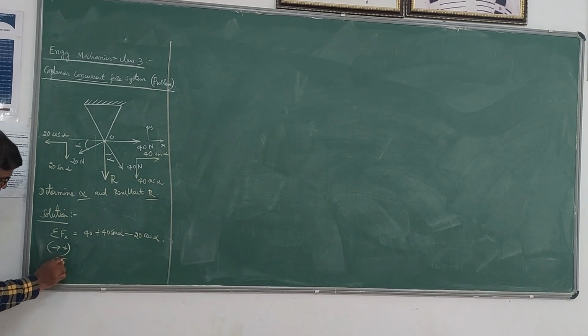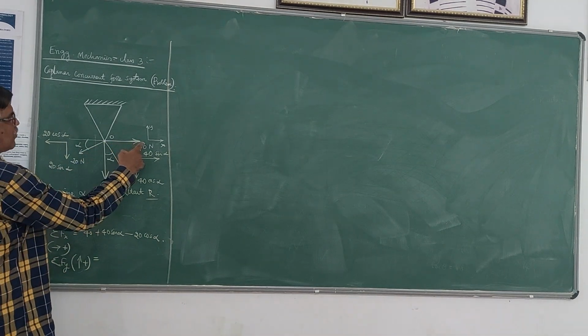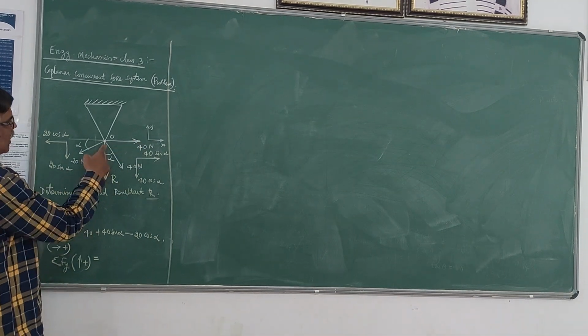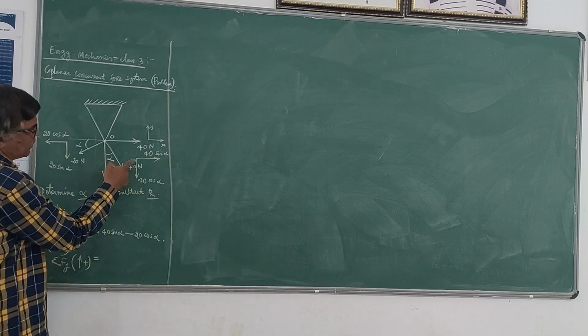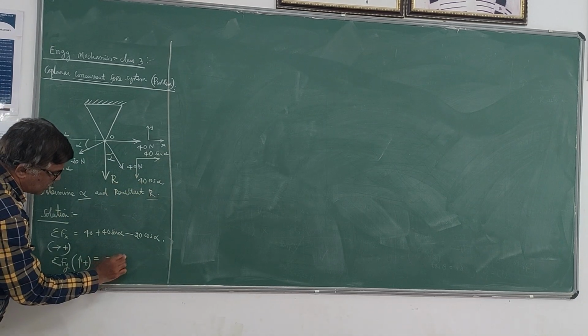Similarly, if you write sigma Fy, the algebraic sum of all the components of forces in y direction, treating upwards positive, downwards negative. This doesn't have any vertical component because it is horizontal, and the vertical component of this 40 Newton is minus 40 cos alpha because it is downwards.